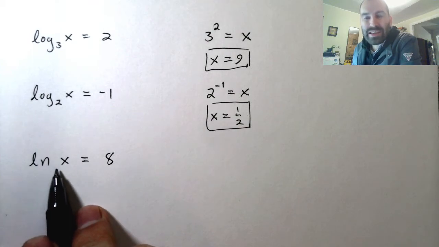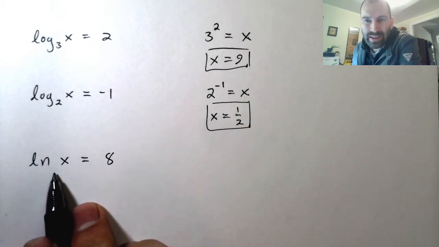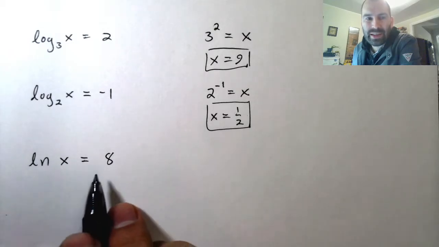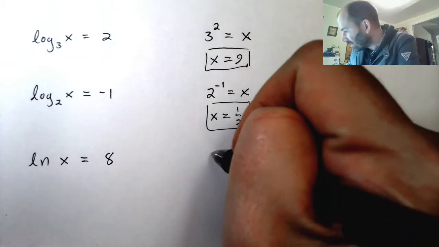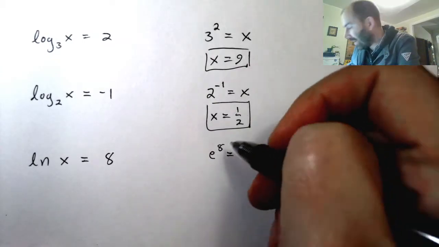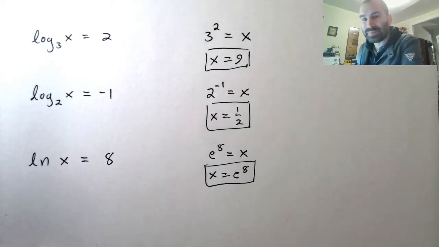It's log base e. So this is saying that 8 is the exponent on e that gives x. So in other words, e to the 8 equals x. Well, there's my answer. X equals e to the 8. Done.